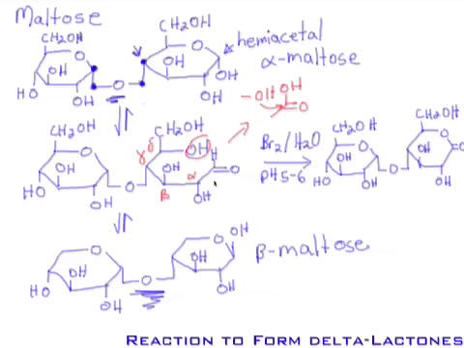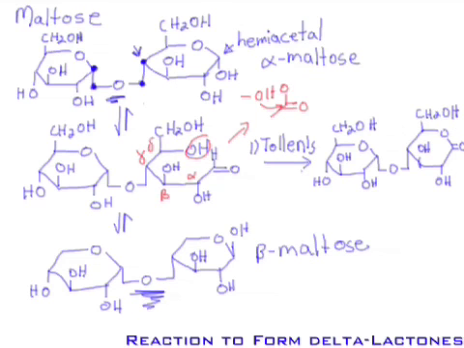In the case of Br2/H2O, or if we used Tollens reagent in step 1, let's show you that, instead of Br2/H2O, I could have written Tollens reagent. Now, Tollens reagent by itself would make a CO2 minus here, and that would stop.